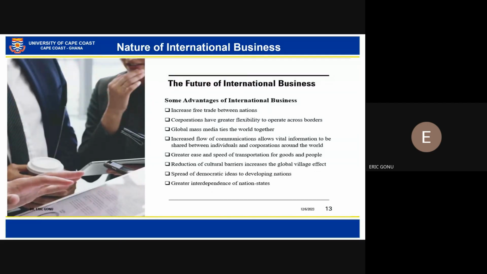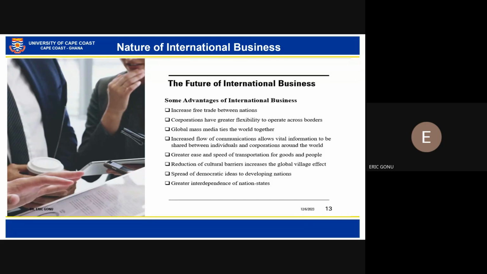Now, if we even think of tourism, which is a service, which we spoke about as part of international transactions. Because of reduced cultural barriers, now Saudi Arabia is open, Dubai is open, people can go there, enjoy life. We know that Dubai is an Islamic country, but people from other European and American countries go there freely.